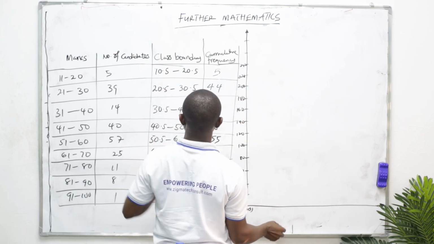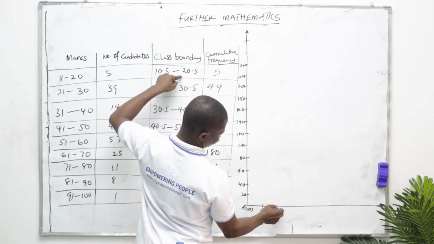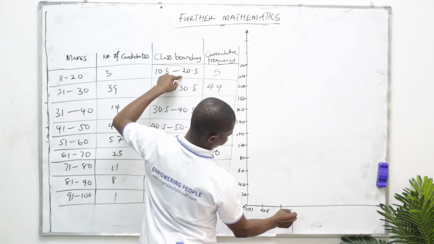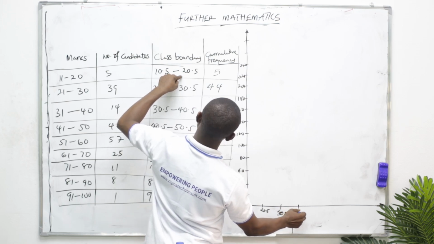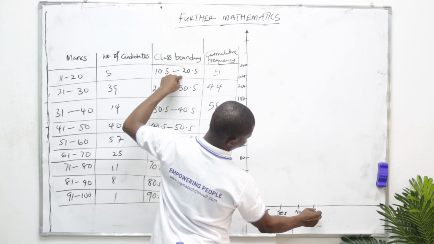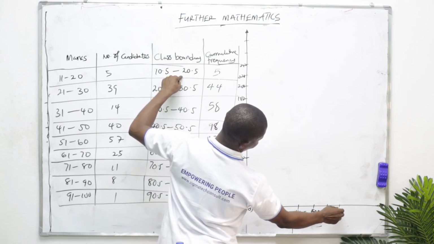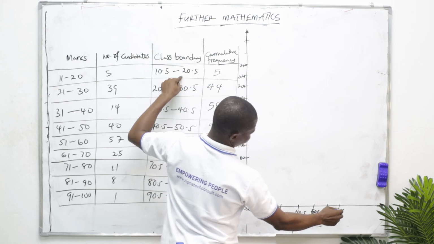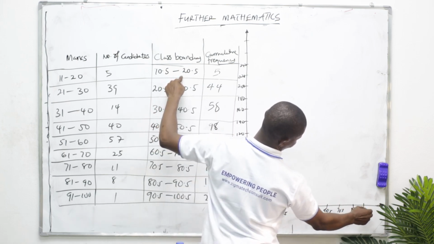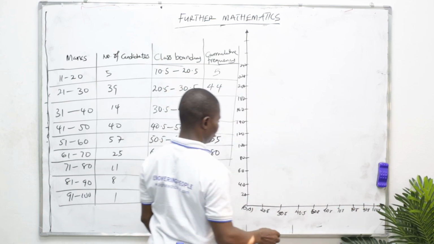Why this way? You're starting from 20.5, 30.5, 40.5, 50.5, 60.5, 70.5, 80.5, 90.5, 100.5.